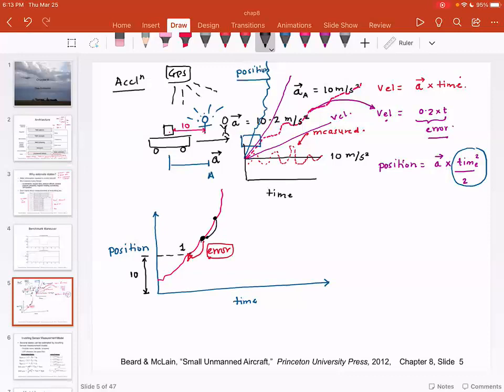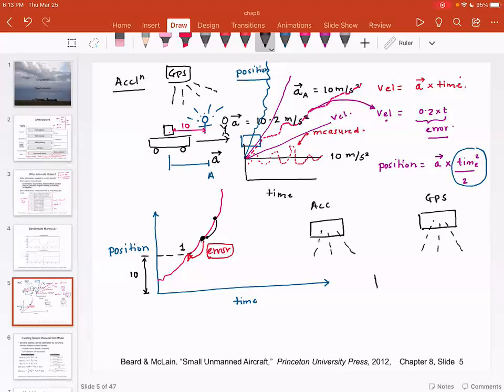So now here is the issue. I have a sensor and I have another sensor. This is GPS and this is the accelerometer. GPS can give me solutions, but it cannot give me a solution at 100 hertz. But acceleration, I can integrate at 100 hertz.